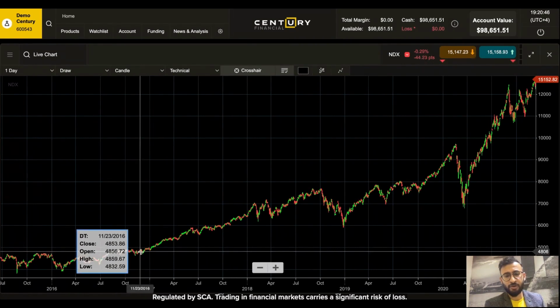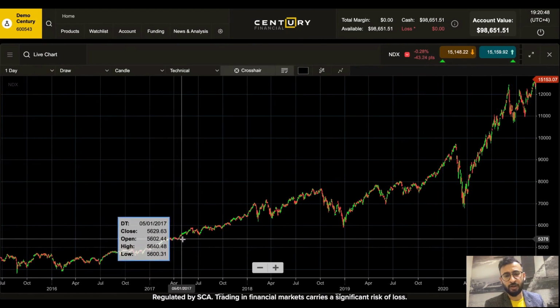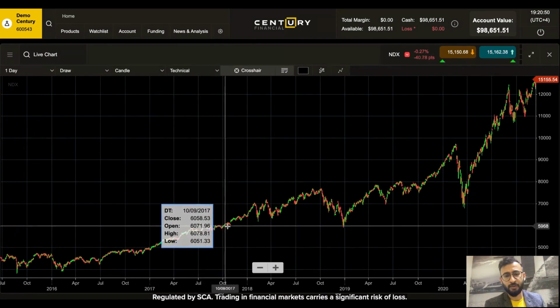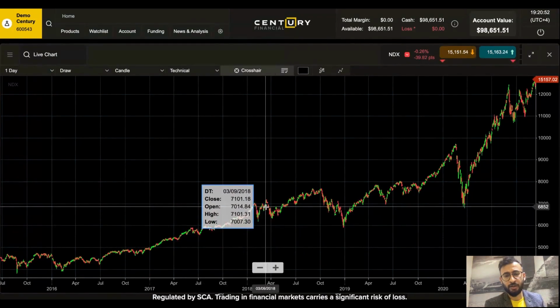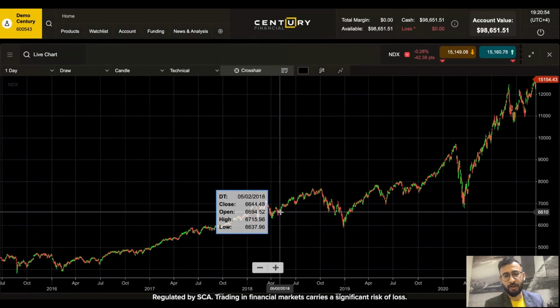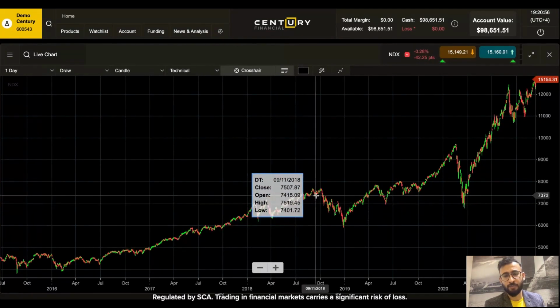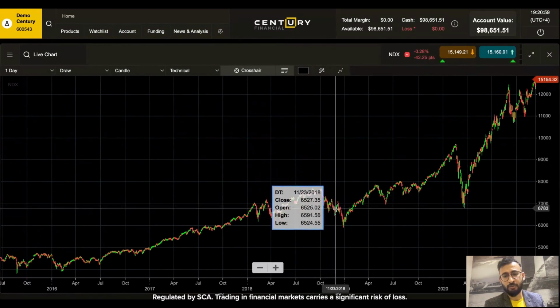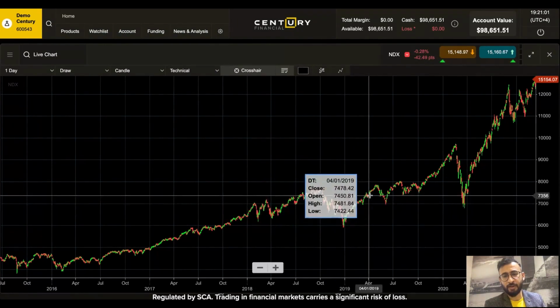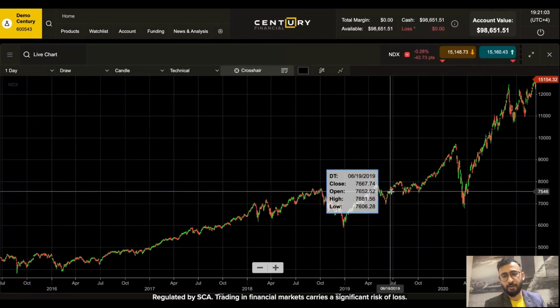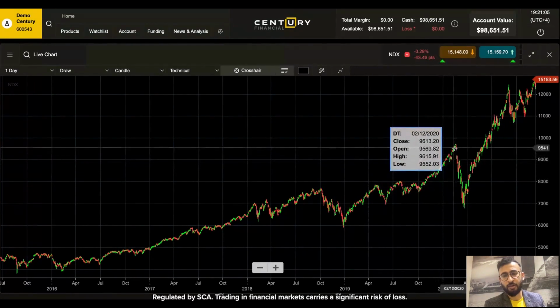And for another 4 years, this is what the stock market looked like, if you can see. In 2018, during the trade war, we saw a slight decline, but then it continued. Right here, 2018, and then 2019 again a slight decline, but then again went up, and then finally 2020 here.